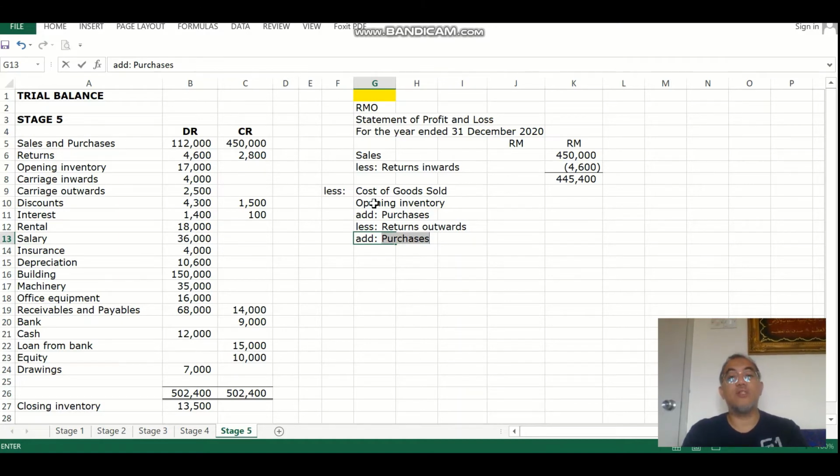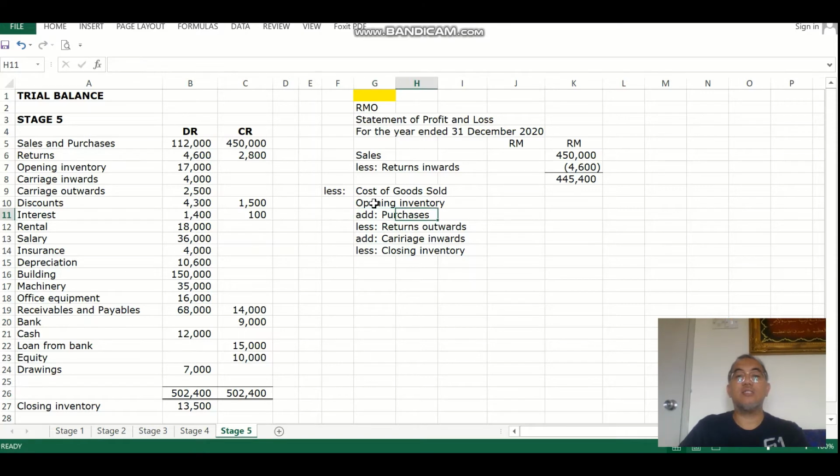Yes, we have carriage inwards, and then lastly, less the closing inventory.